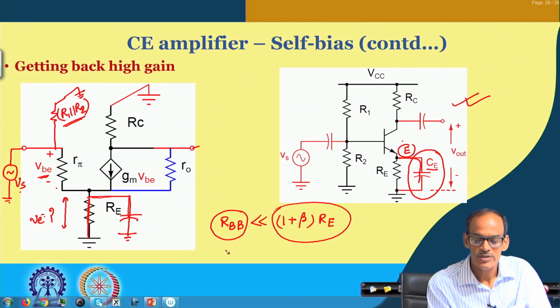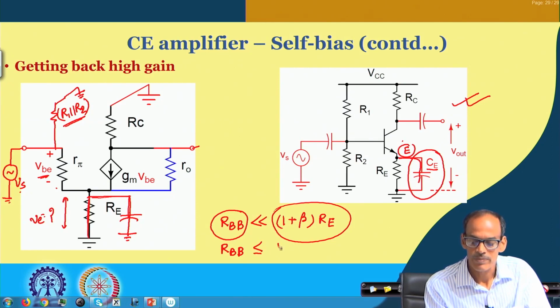Typically, to satisfy this condition, RBB should be less than or equal to 1/10 of (1 plus beta) into RE, to get this approximation to be valid.